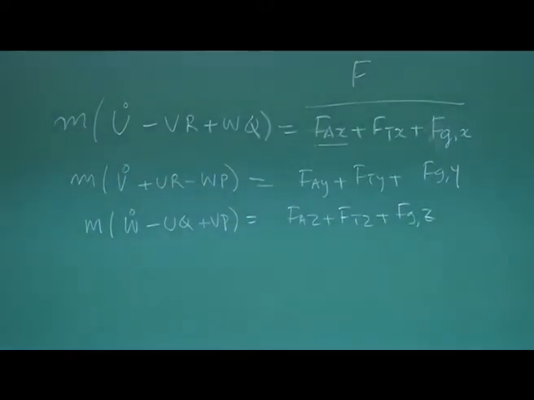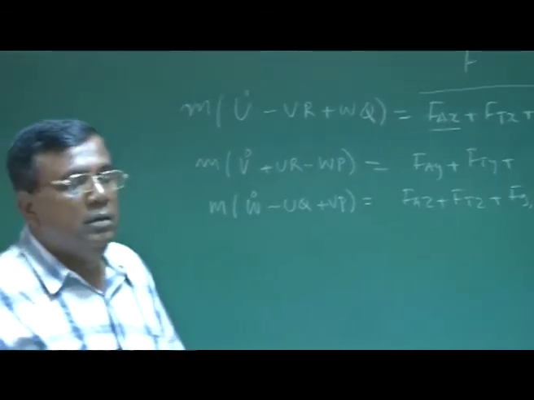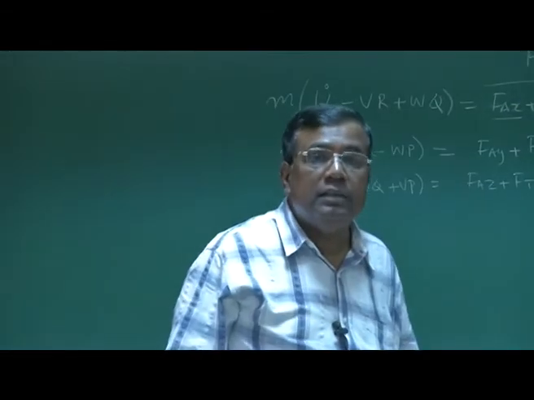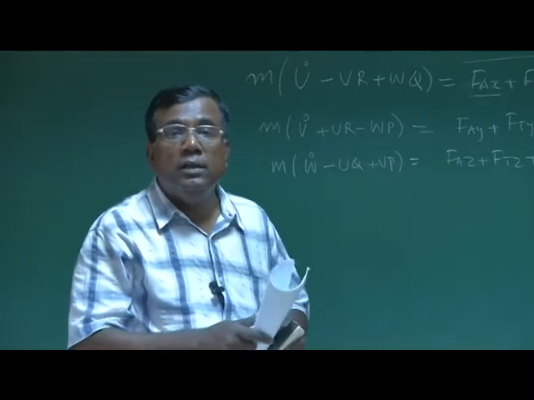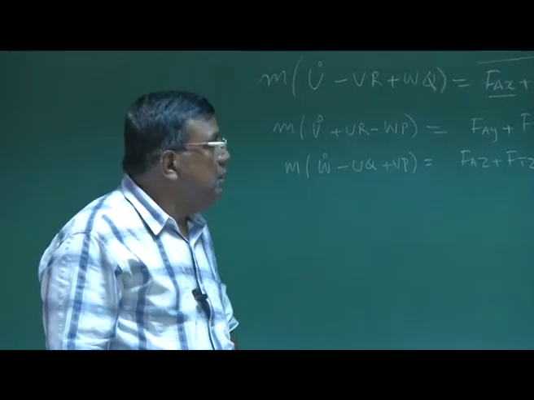Now the question comes: how do I define the orientation of the airplane? I cannot use the body fixed axis system, because as the body rotates, the body axis also rotates. So what is the way to define it?